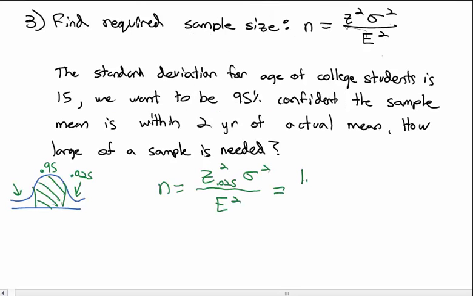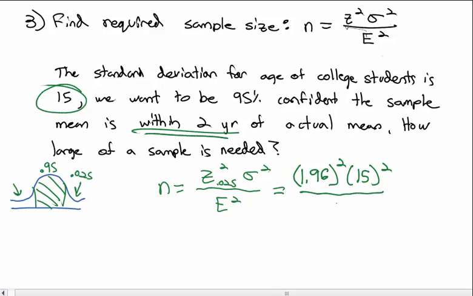So z is 1.96 squared times sigma, the standard deviation of the college students, is 15 squared, divided by the error. We want to be within 2 years, so 2 is the error squared.